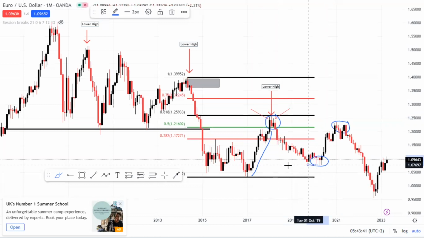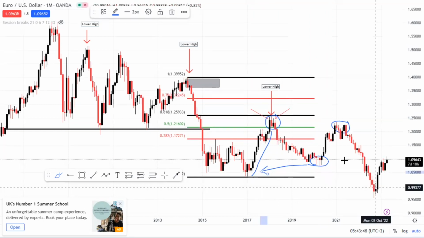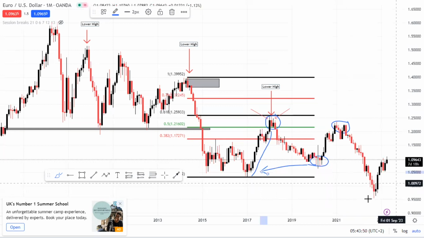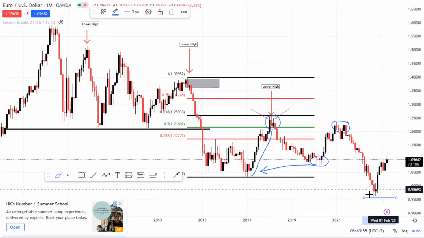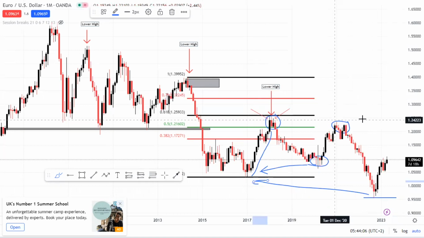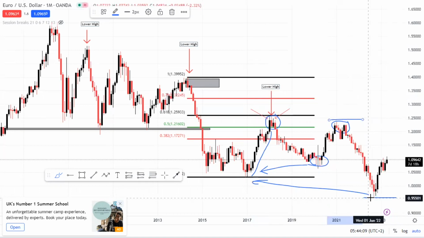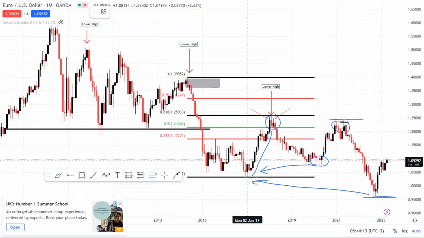Simply because we did not violate the most recent significant low, but instead, this impulsive move is the one that violated this recent significant low. So we actually say that this is the most recent significant lower high and this is the most recent significant lower low.